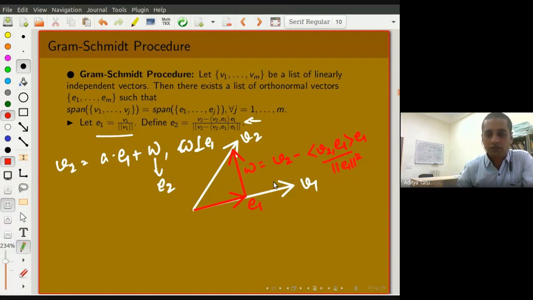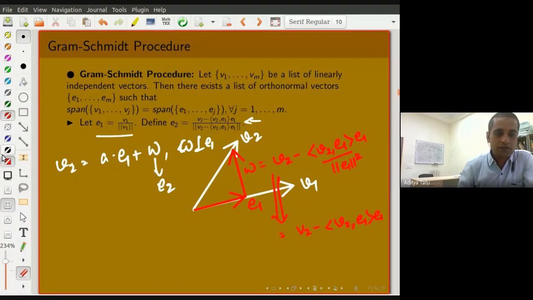So we get W equal to V2 minus V2 inner product E1 times E1. Instead of calling it W, let me call it E2 tilde.